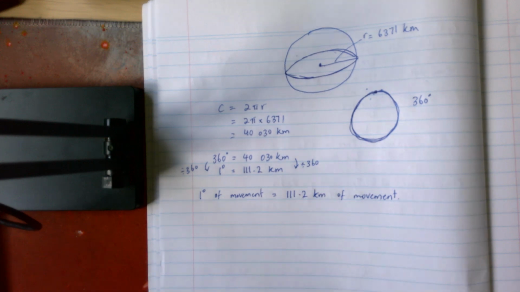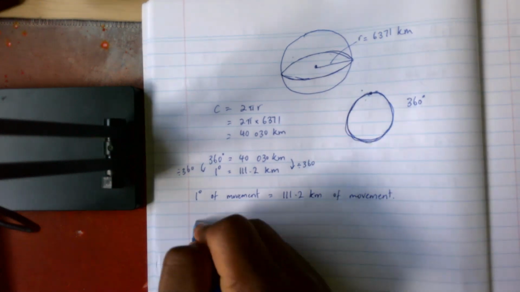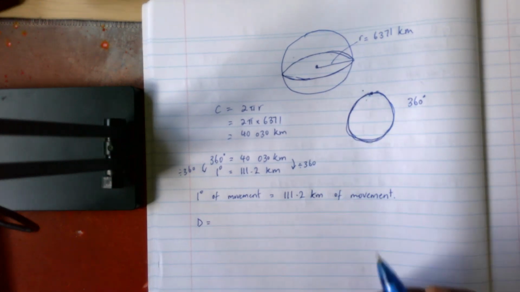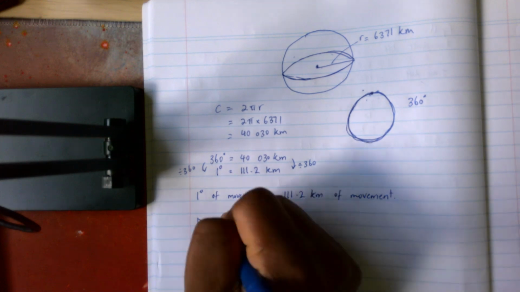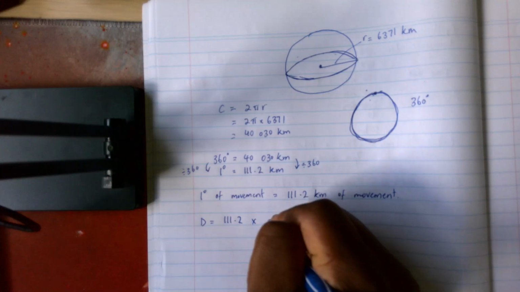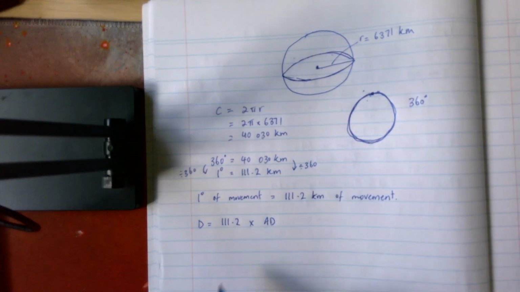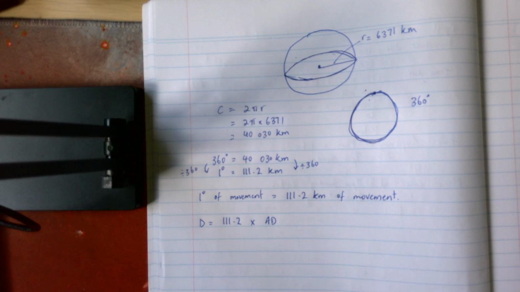So from there we know that distance is equal to 111.2 times our angular distance. The angular distance is the distance between your 2 points.